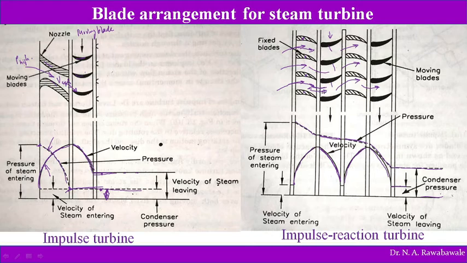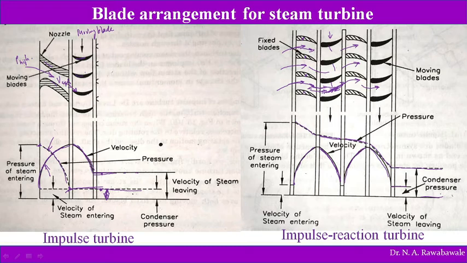But when steam enters this set of moving blades, the velocity is going to decrease, whereas pressure also gets reduced. At that time it exerts a reaction force on the moving blade, so it helps these blades to move. So simultaneously it acts as an impulse turbine as well as a reaction turbine. Generally it is known as a reaction turbine.